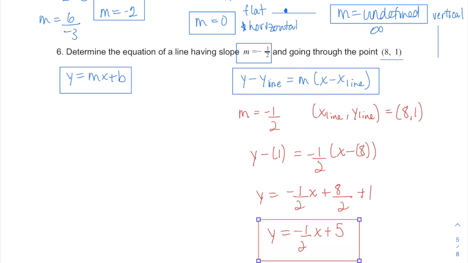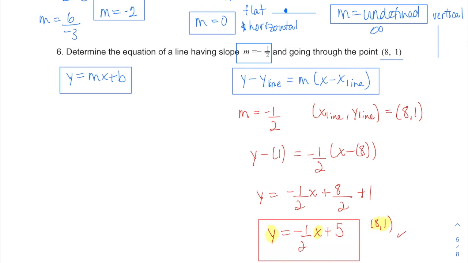All right, so we get that our equation is y equals -1/2 x plus 5. And if I wanted to, I could sub in 8, 1 for x and y just to make sure that my calculation is correct. And we would figure out that that works.